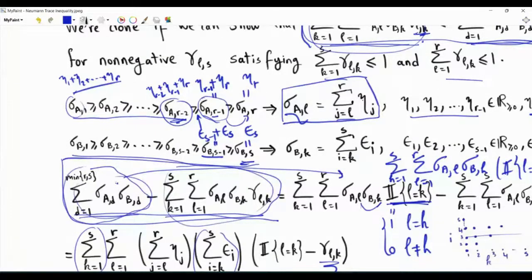And basically, this single sum is greater than or equal to this double sum. And this double sum itself is greater than or equal to the magnitude of trace AB. So the magnitude of the trace of the product AB is less than or equal to sigma A1 sigma B1 plus sigma A2 sigma B2, and so on.